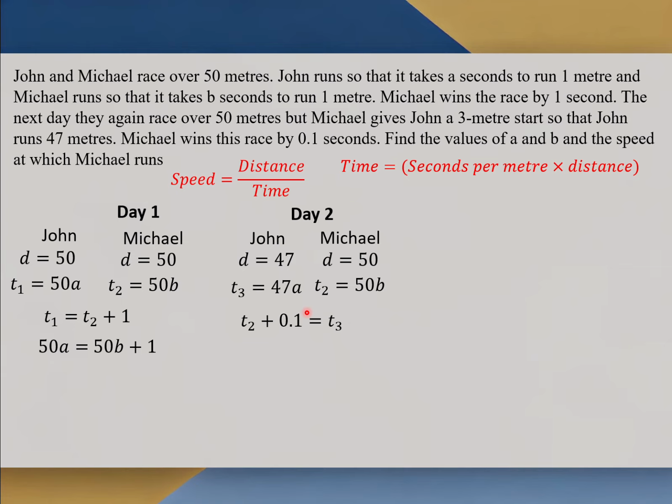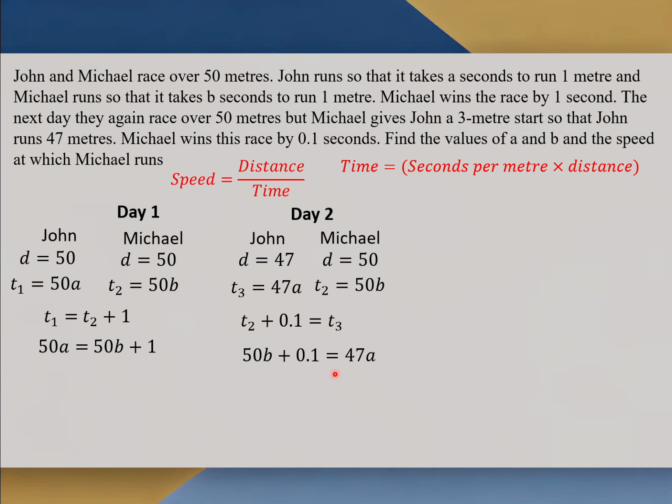From this, I'm going to get rid of my T2 and put 50B there, and get rid of T3 to put 47A. So this is the first part.